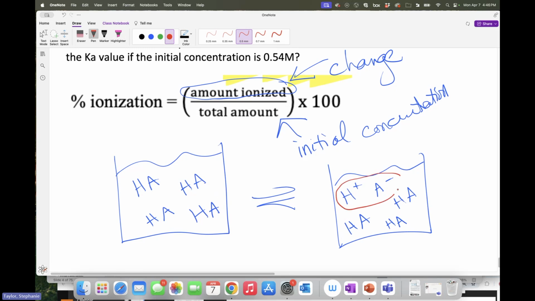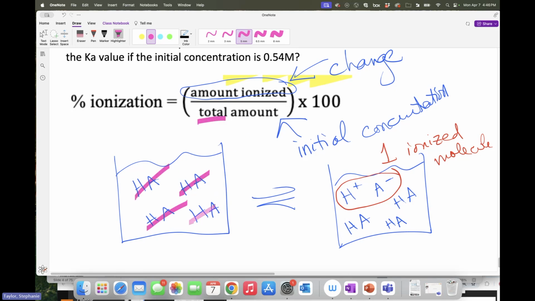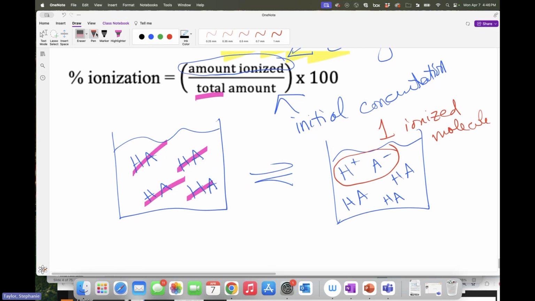So that's one ionized molecule out of the total amount. Well, the total amount was 1, 2, 3, 4. So the amount ionized is 1, the total is 4. I can then multiply that times 100 to give me 25%. So 1/4 of all of them, 25% ionized.